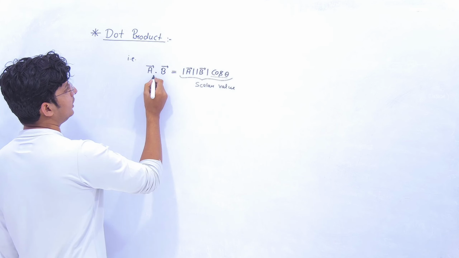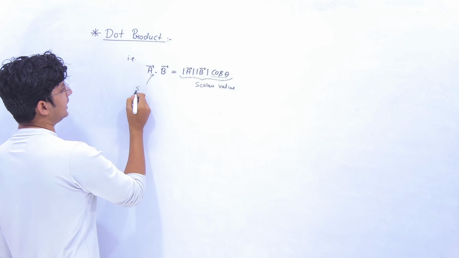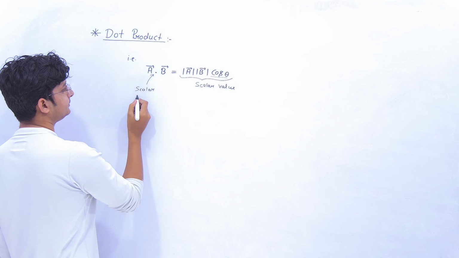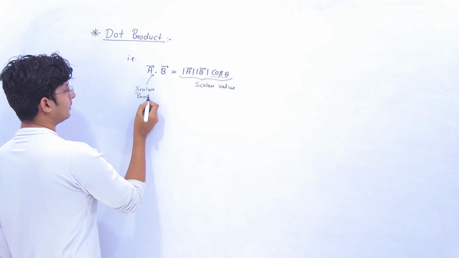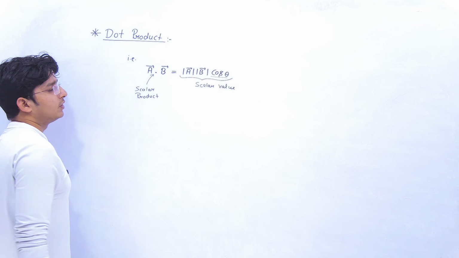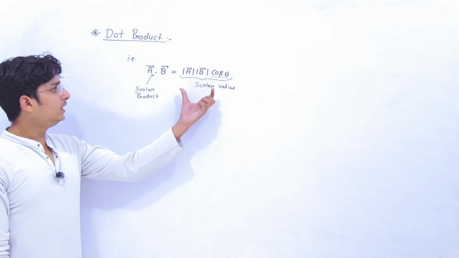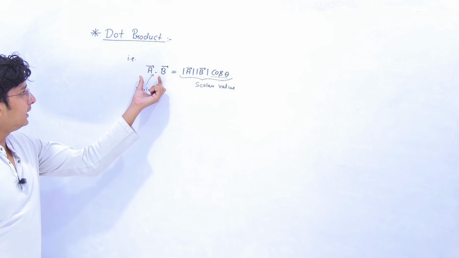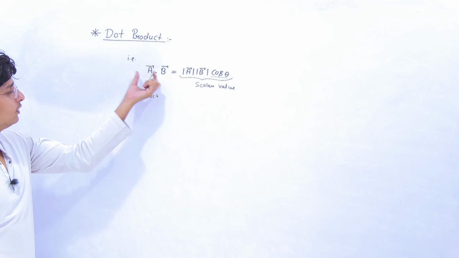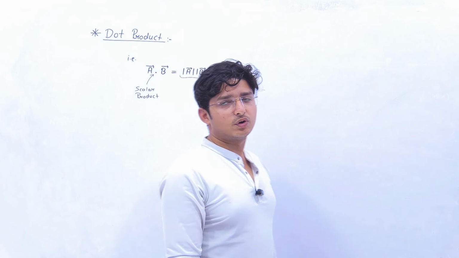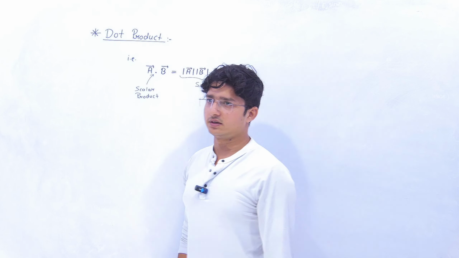That is why it is called dot product or scalar product, because we get only magnitude from the product of two vectors. That is why we call it the scalar product of vectors.